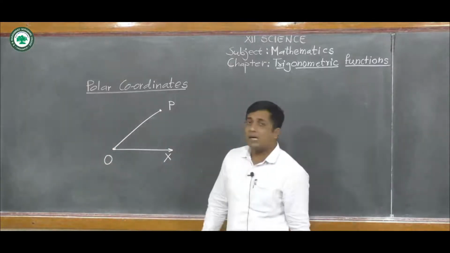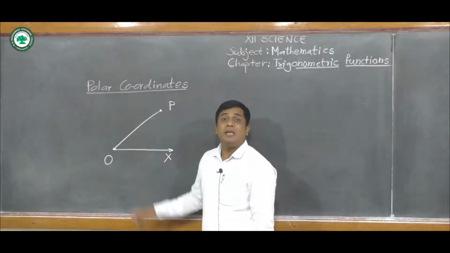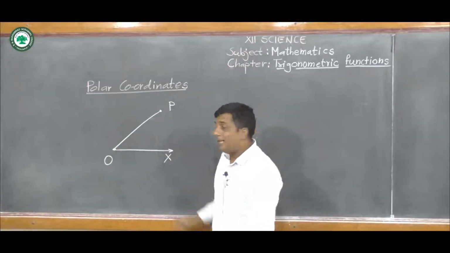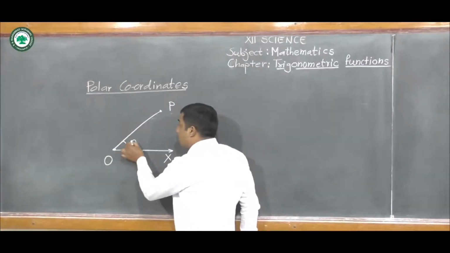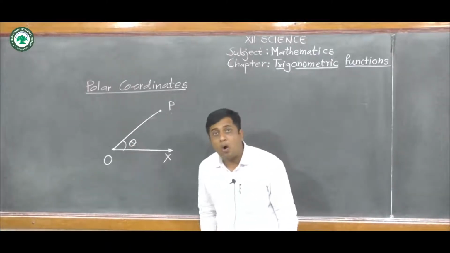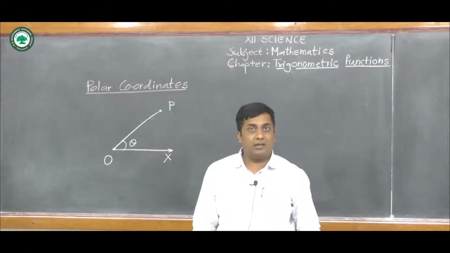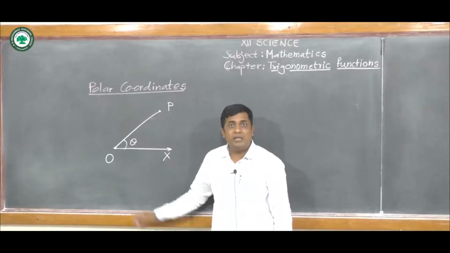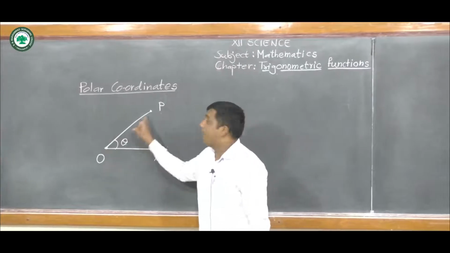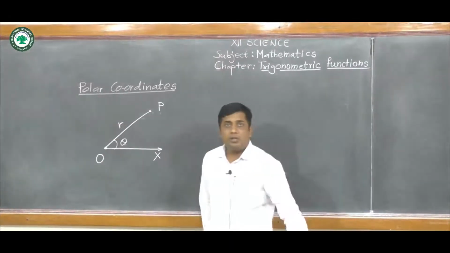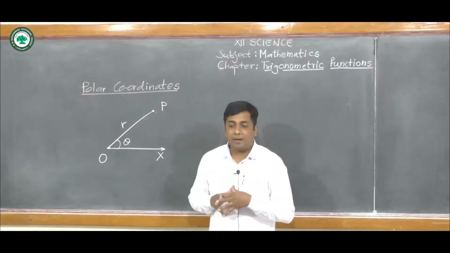Here we consider the angle between the ray OX and this OP is theta. This angle theta is called the vectorial angle. Then the length of OP is R.